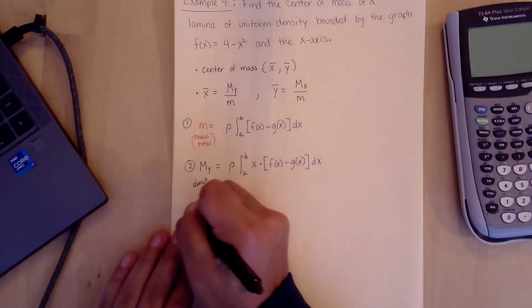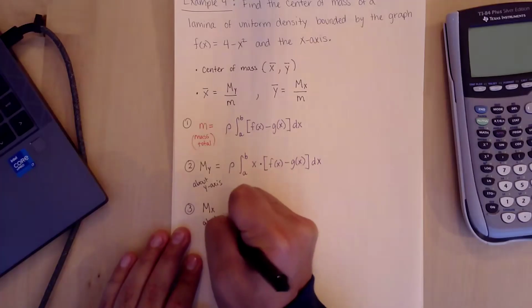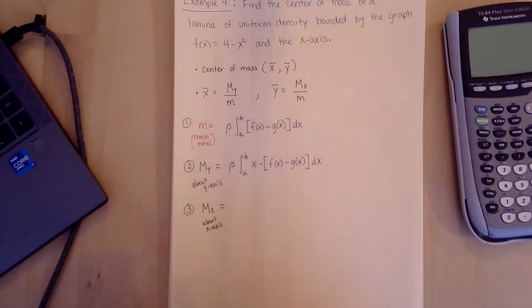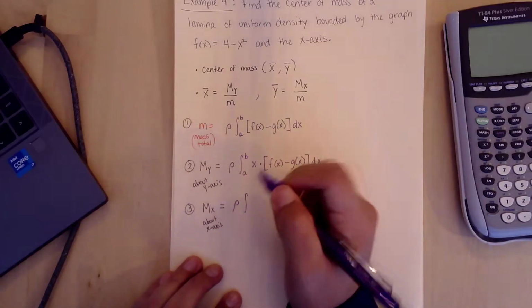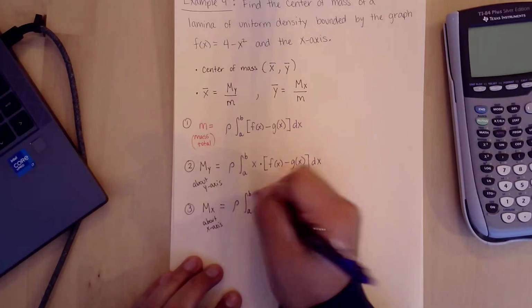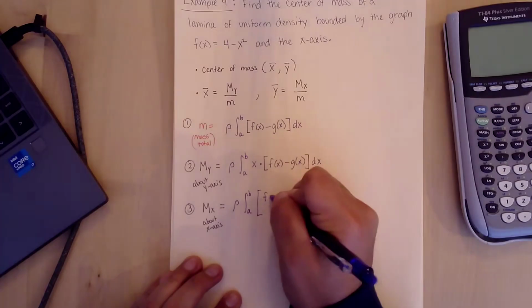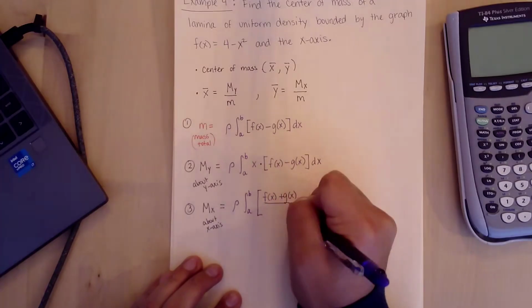The third thing that we're going to find is the moment about the x-axis, which is the more complicated looking integral. That's going to be the density times the integral from a to b of f of x plus g of x divided by 2.